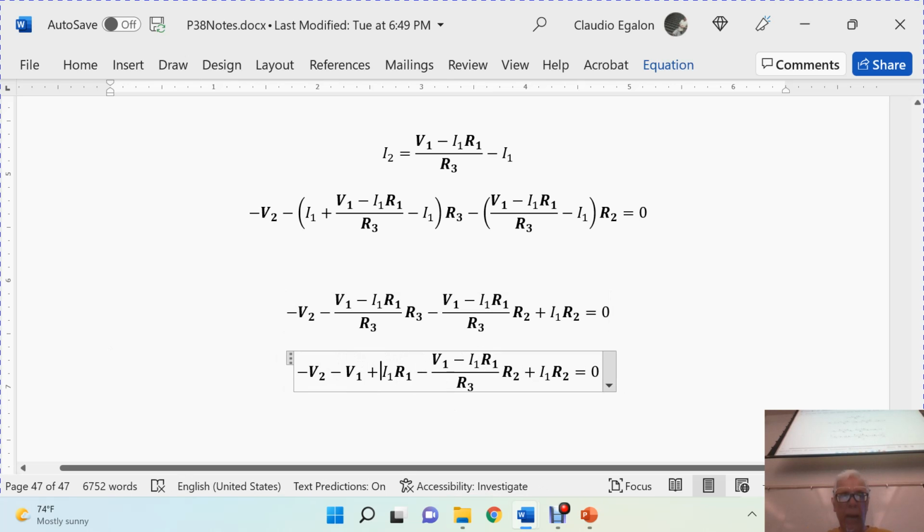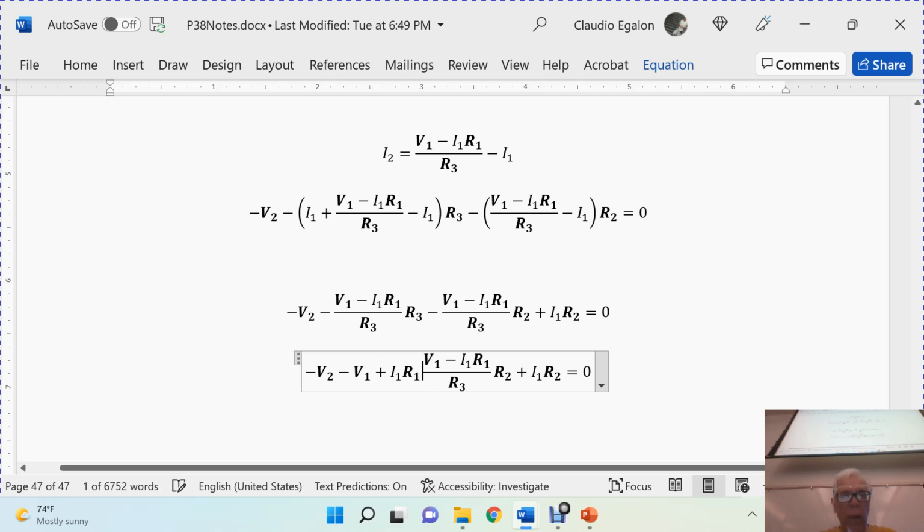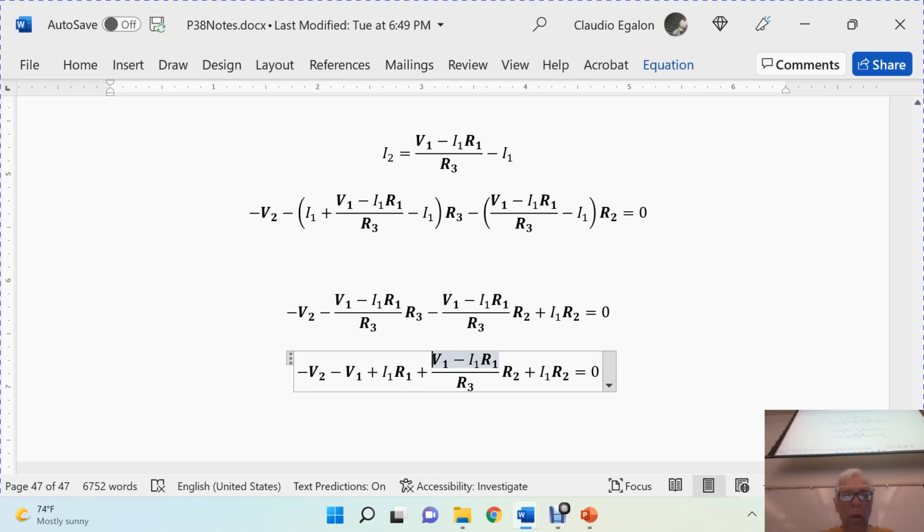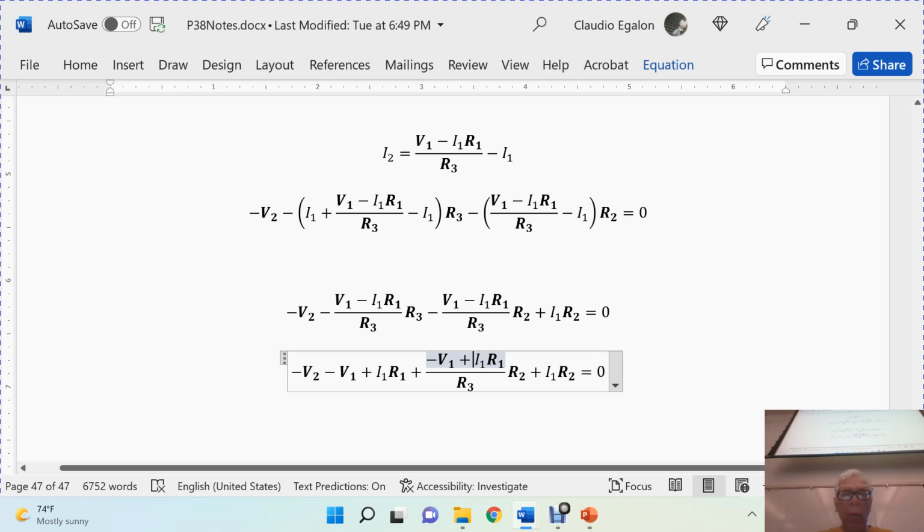Okay, can I do better than that? Let's see. We're going to distribute the negative sign as well. I prefer, here you go, negative here and positive here. Okay. I will need to separate this one here.